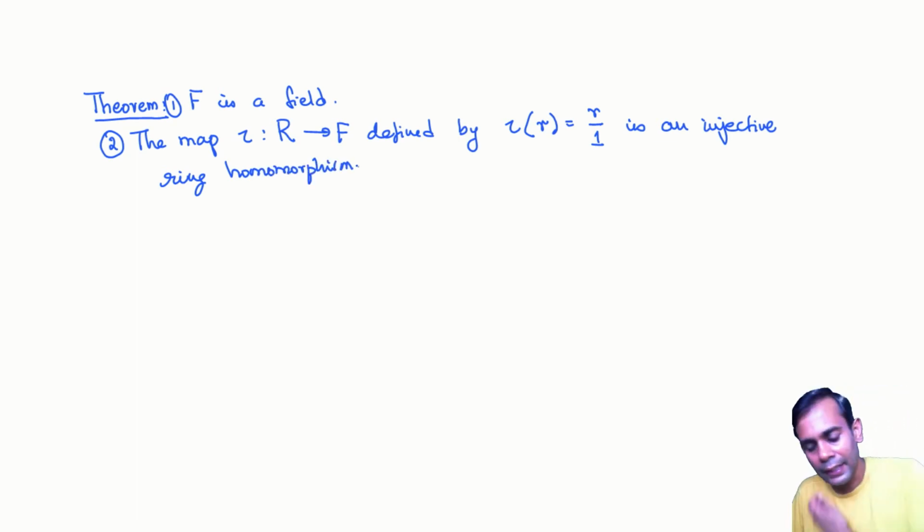So basically what this is saying is that R is sitting inside F as a subring.